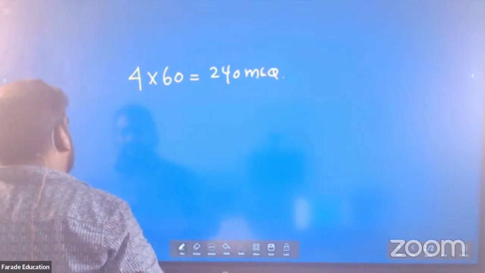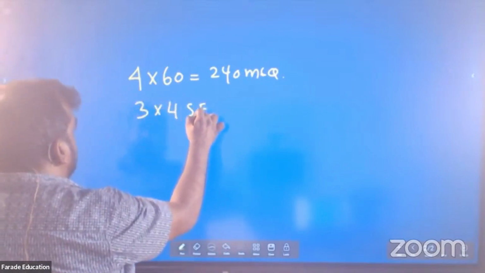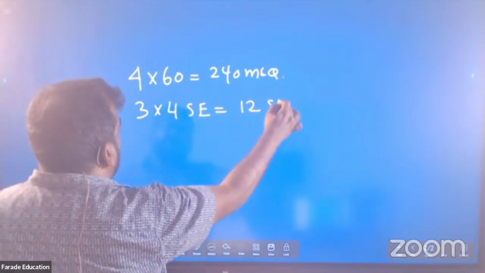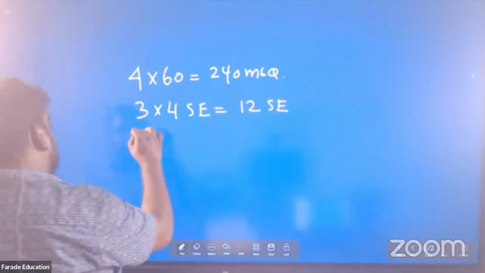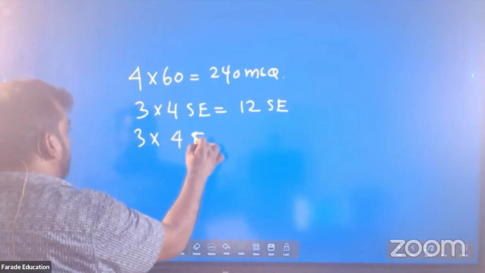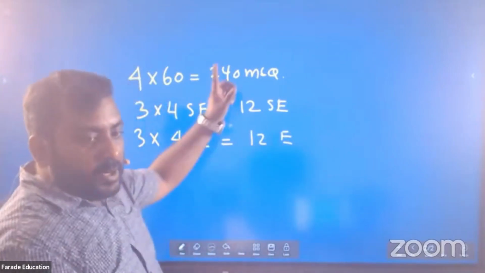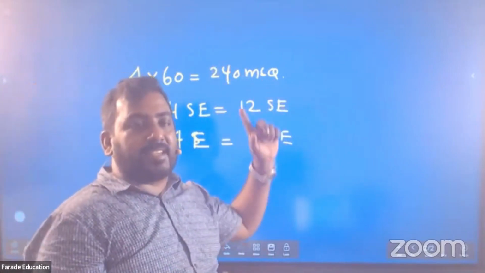How many structured essays? 3 essays every week for 4 weeks, so 3 times 4, 12 structured essays done. And 12 essays. 240 MCQs, 12 structured essays, 12 essays.